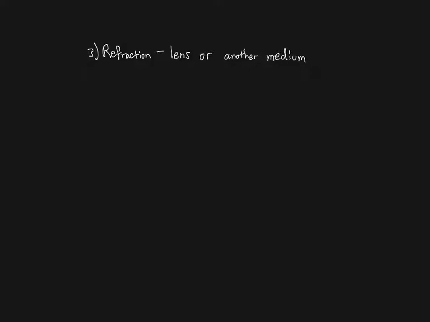And what this says is that we have a law of refraction. The law of refraction tells us that light changes direction when it passes through something. So when I have light moving, it's going to bend or twist.